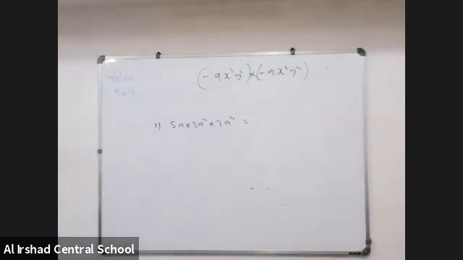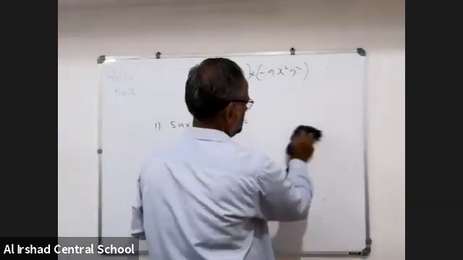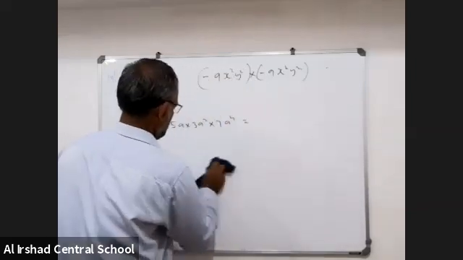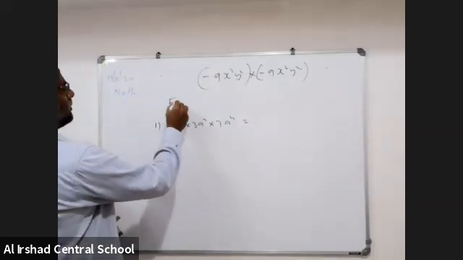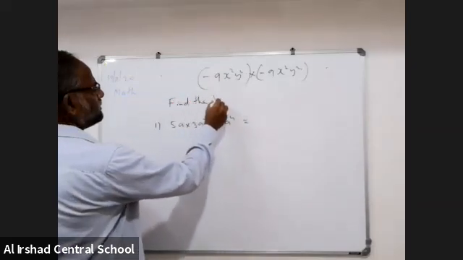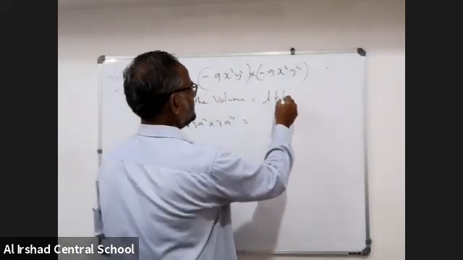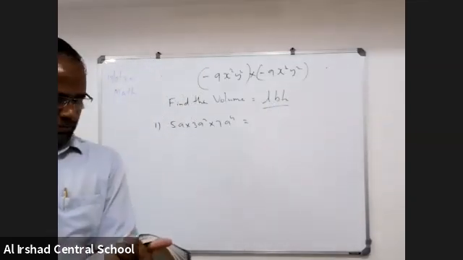Find the volume. Write the question, find the volume. What is the answer? Find the volume. Volume is L into B into H. LBH. That is given there.